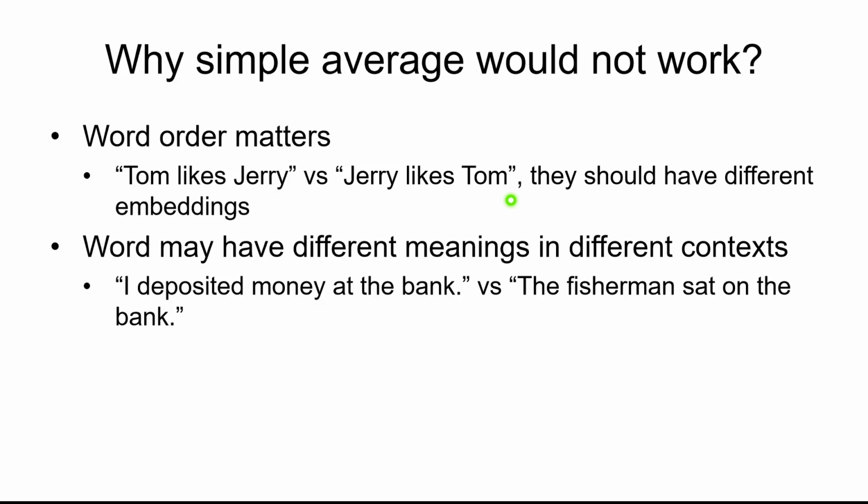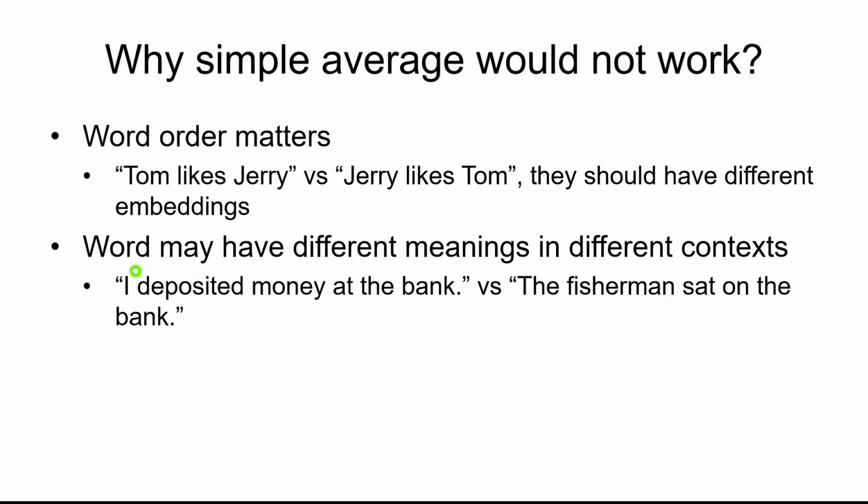So if we use simple average, the sentence embeddings will be exactly the same for these 2 sentences. But we know that the order really matters, so they should have very different embeddings in this case. So that's the first issue of the simple average. It does not capture information about the word order.